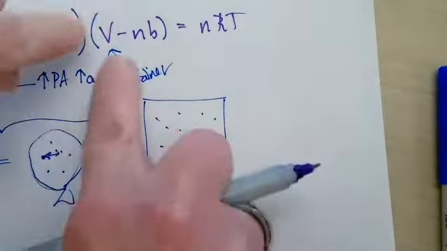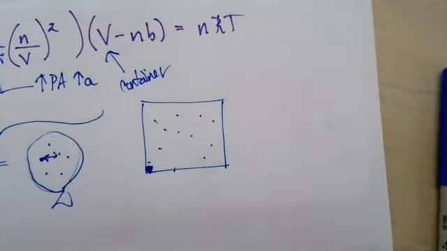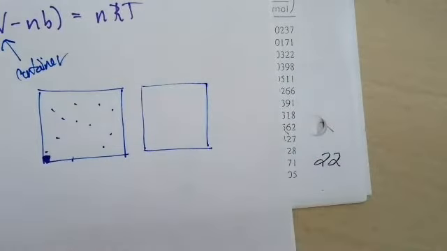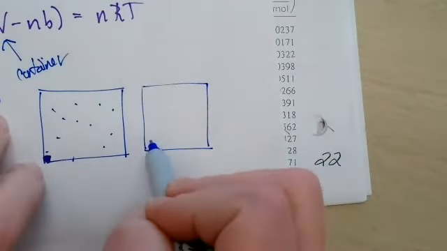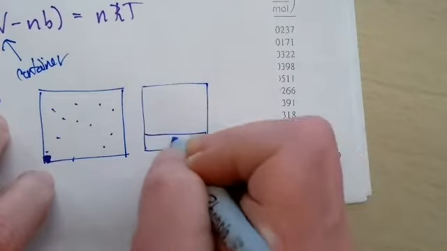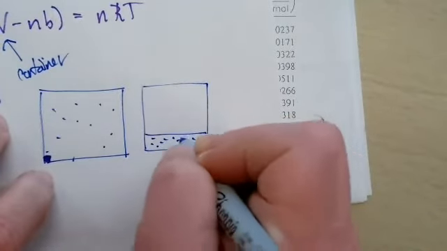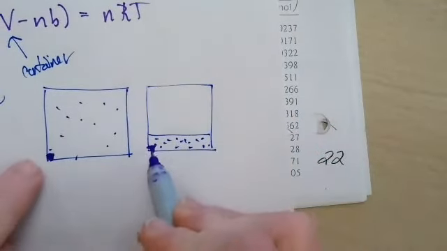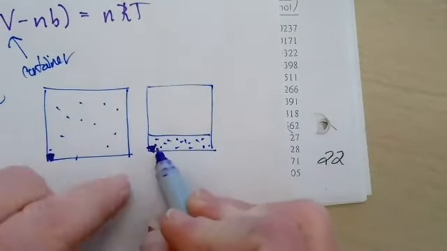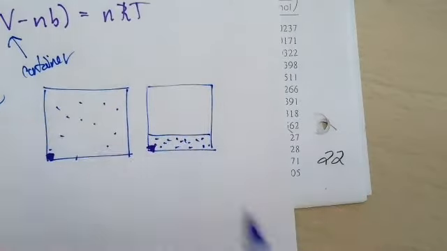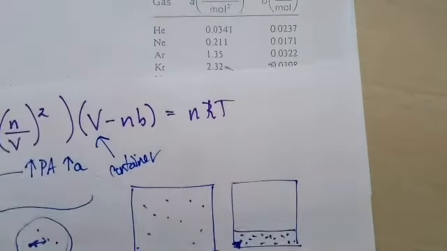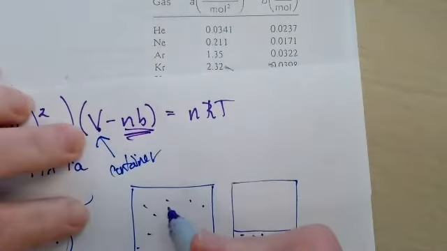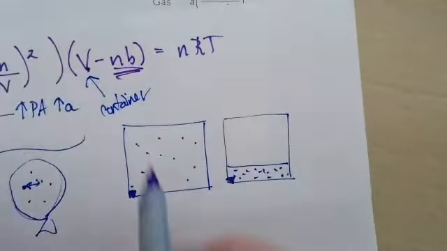So not a big deal. However, if we're at higher pressure, so that would mean this amount, if we just change volume, would be in this. And so do you see how particle volume makes a bigger impact the greater the pressure? So if this is the volume of the container, we need to account for the particle volume.